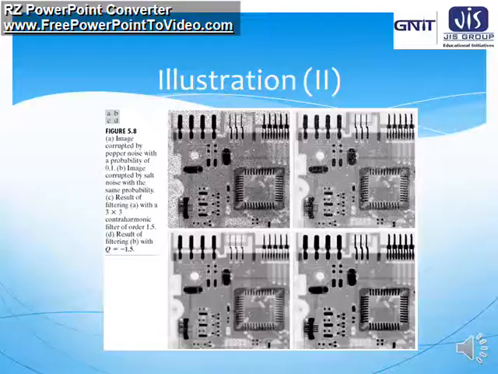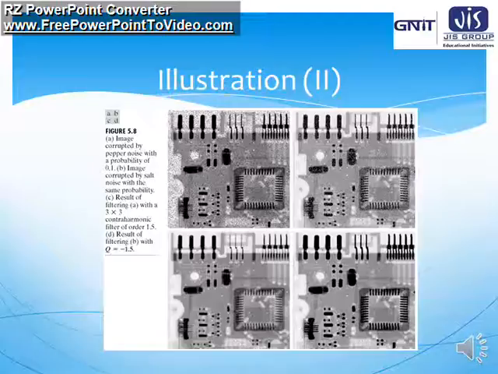Here the first image is corrupted by pepper noise with a probability of 0.01, and the second image is corrupted by salt noise with the same probability.